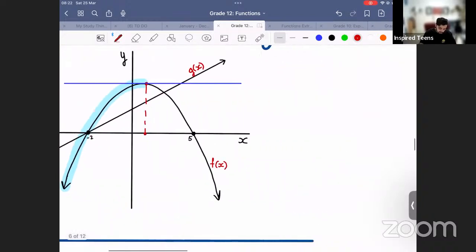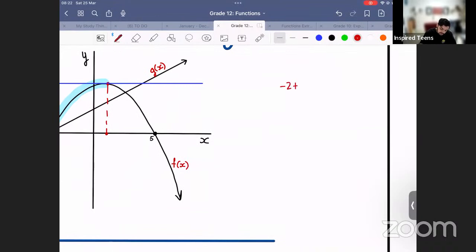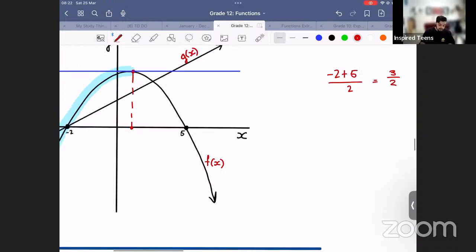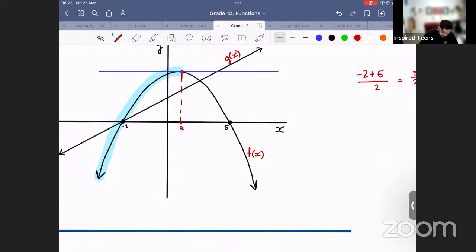So the midpoint of -2 and 5 is -2 plus 5 over 2, which becomes 3 over 2. So the x coordinate of the turning point is 3 over 2.